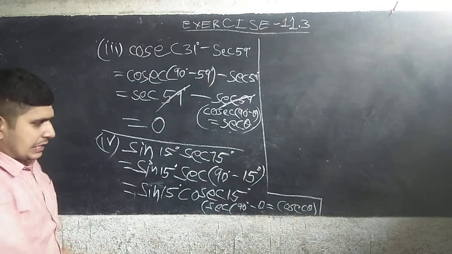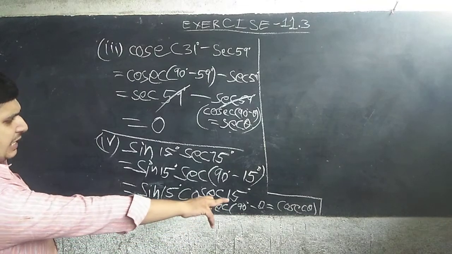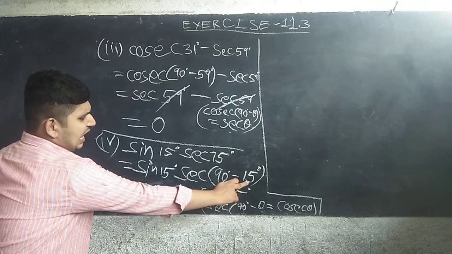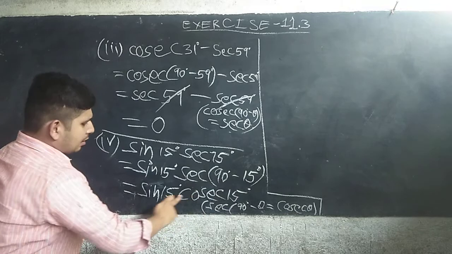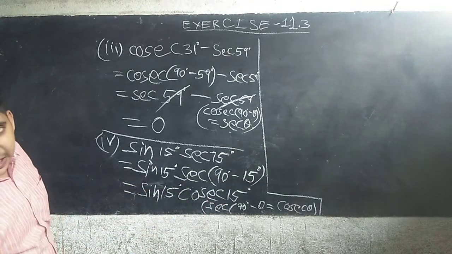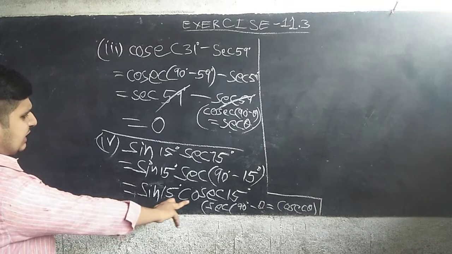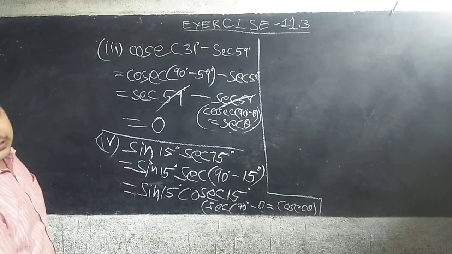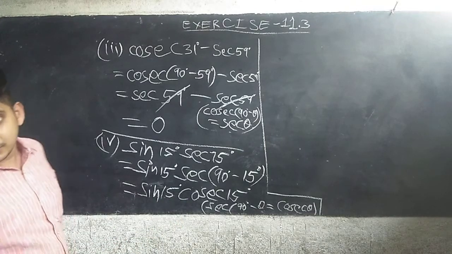Here 90 minus theta, theta is 15 degrees. So sin 15 degrees into cosec 15 degrees equal to 1.